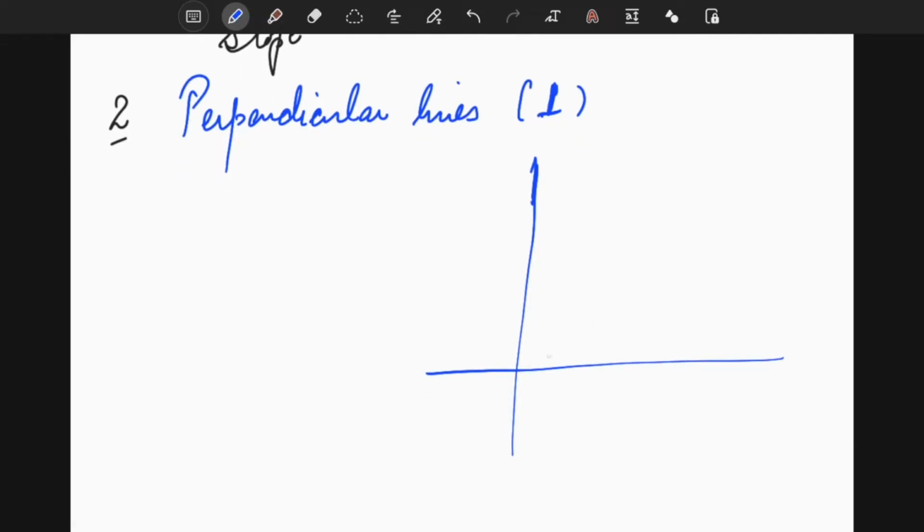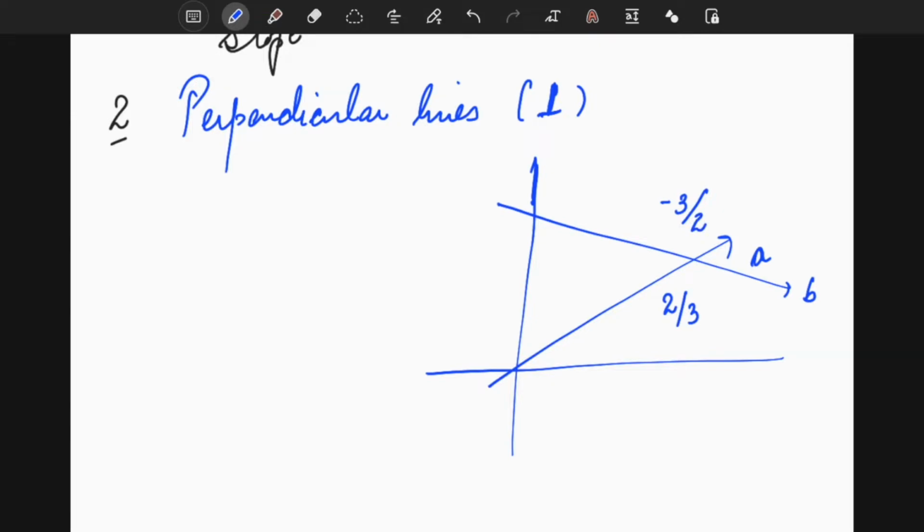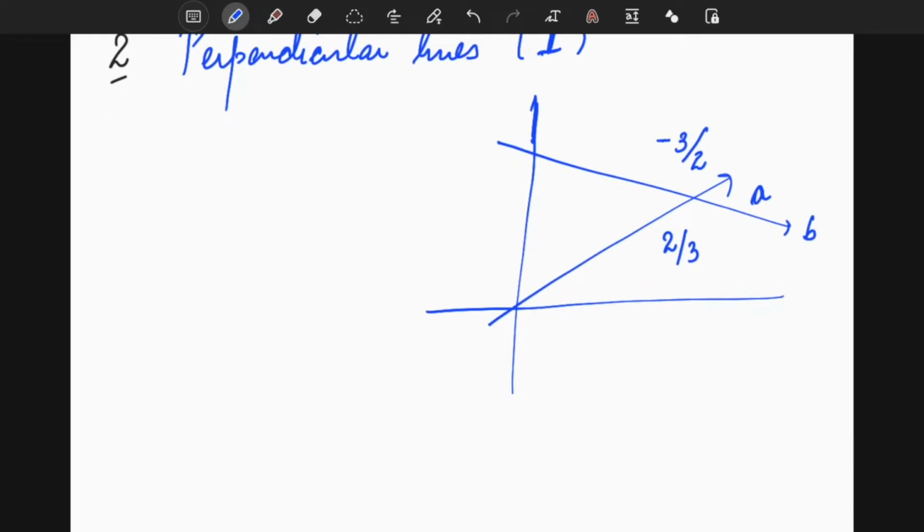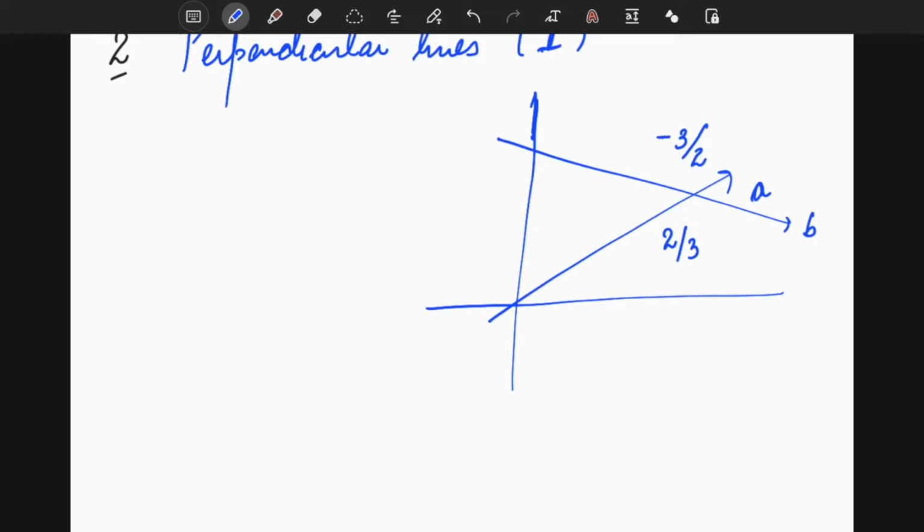Like we have one line A whose slope is 2 by 3, and another line is B. Slope of that line is just reciprocal of line A with negative sign. If slope of one line is already negative, then the slope of other line becomes positive.